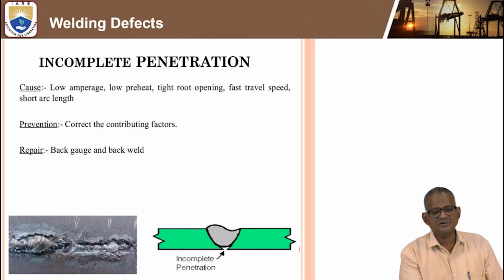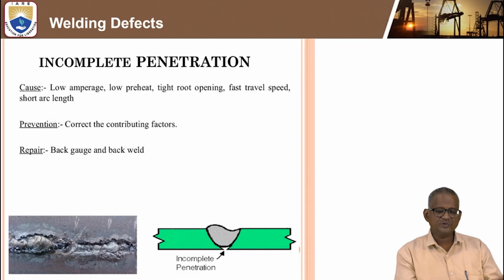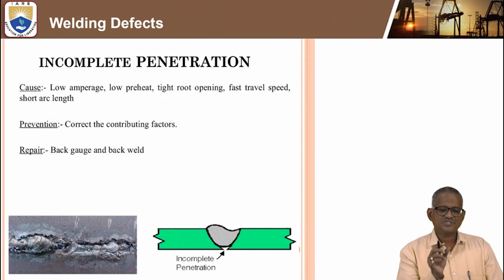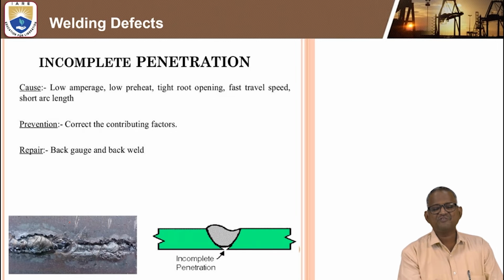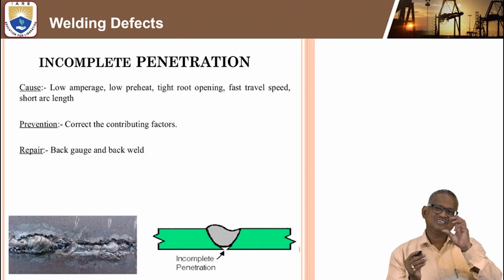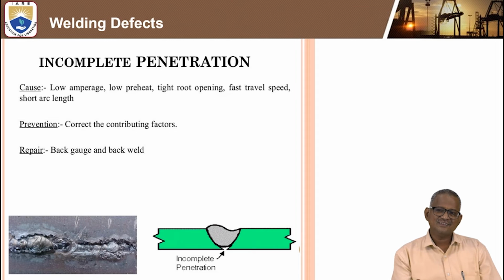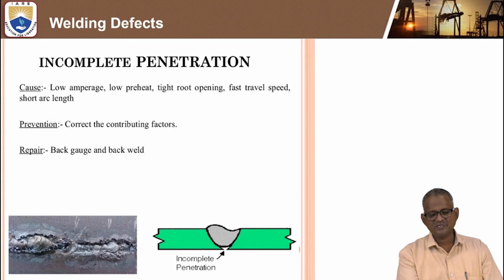Due to this, there is some damage. Low amperage, low preheat, tight root opening, fast travel speed, and short arc length, all these things lead to this type of incomplete penetration. From an examination point of view, this can be drawn on work pieces, and how it can occur like this.